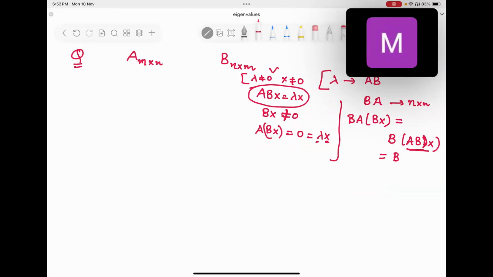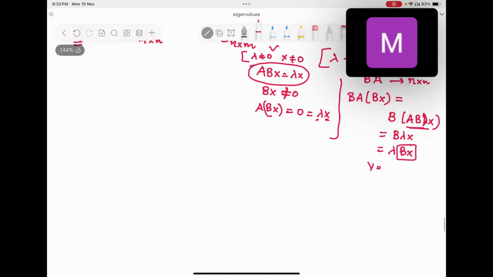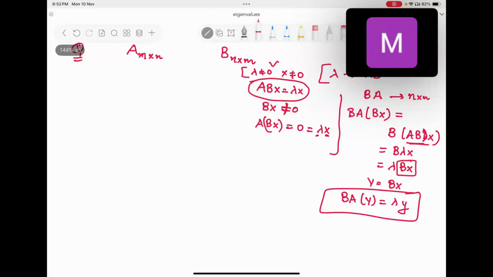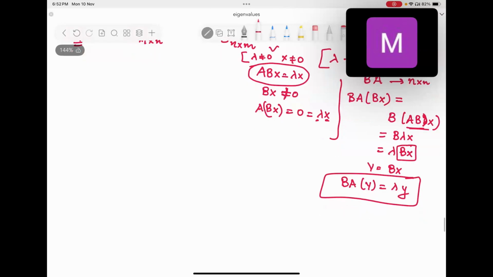So B times lambda x equals lambda Bx. This is not 0. So if you take y equals Bx, then BA operating on y equals lambda y, right? And y is not equal to 0. Although the vector is changing, we are getting the same eigenvalue.